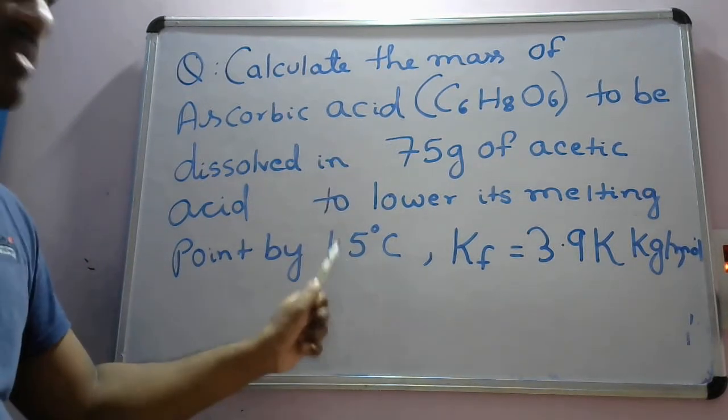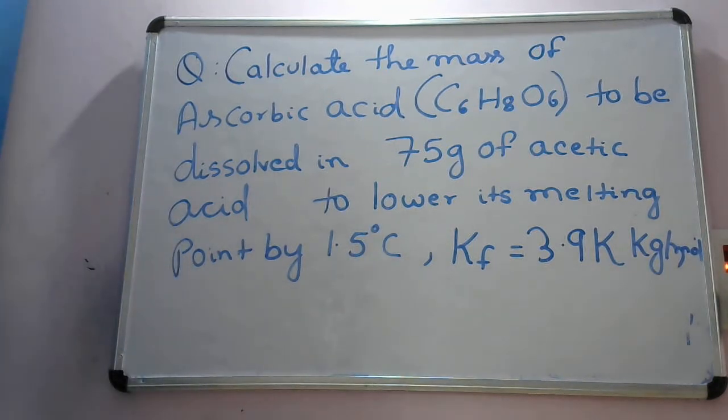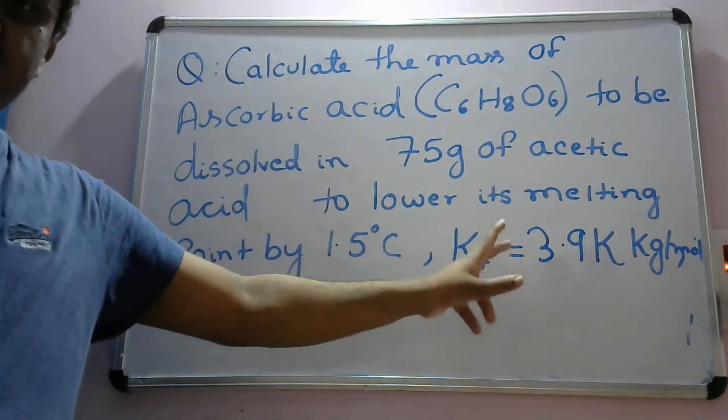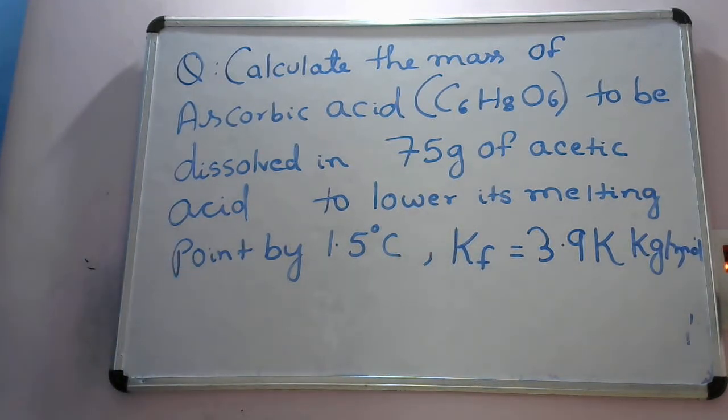The lowering in melting point is given to us, or we can say lowering in freezing point is also given to us. Kf value, molar freezing constant, is also given to us, or molar depression constant. So based on this data we have to calculate mass of the ascorbic acid. So first you complete writing this, then we will solve.